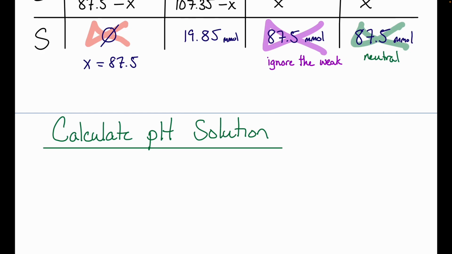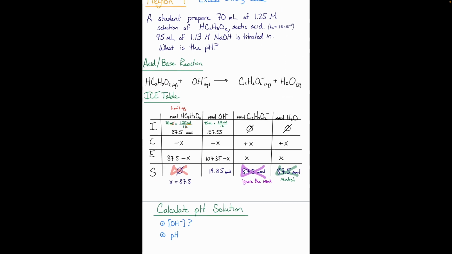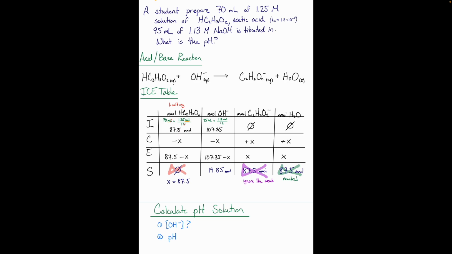The only thing is that in order to do so, we need our concentration. So step one is, what is the concentration of hydroxide? And from there, you can calculate the pH of that solution. All right, so given what we discussed, everybody take a second, calculate the hydroxide concentration, and calculate the pH of this solution.